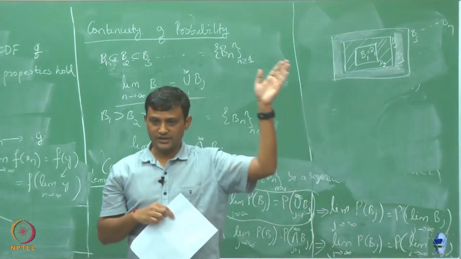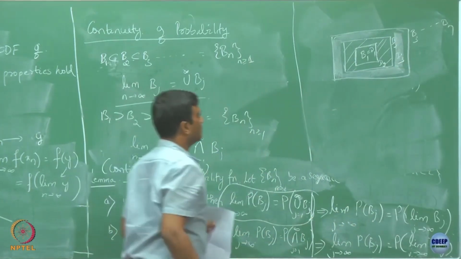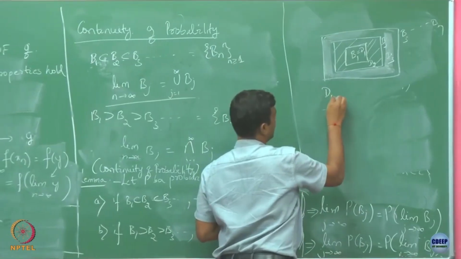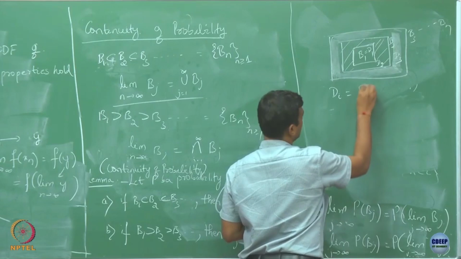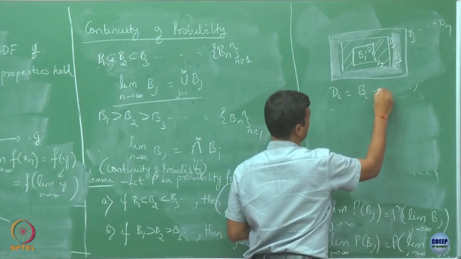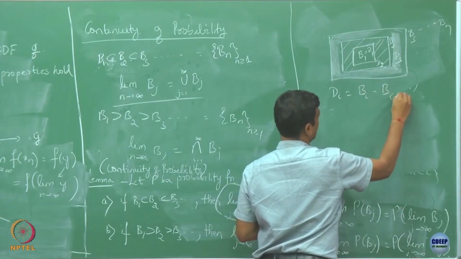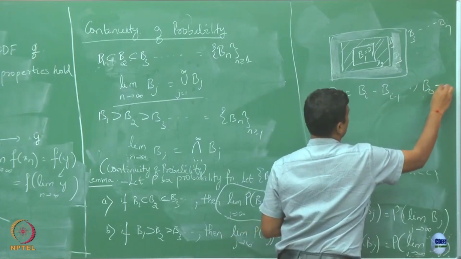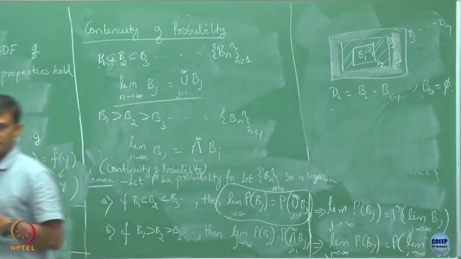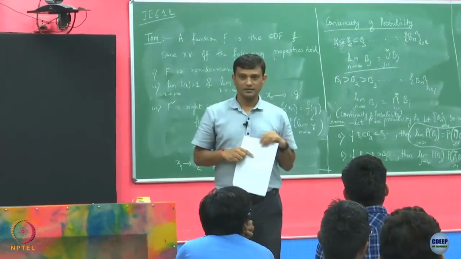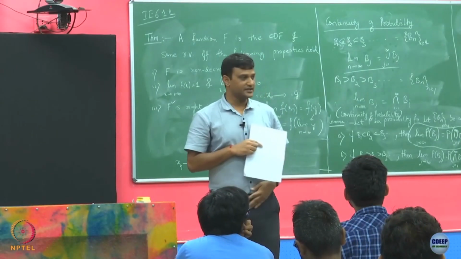I can keep on doing this for everybody, right? So what I have basically done is I have taken Di to be Bi minus B(i-1), and I am going to define D1 as B1 and B0 as the null set. Is this fine? Can I define my sets like this iteratively?